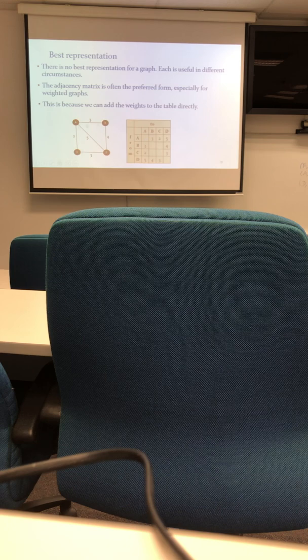So in this case, there's an edge from A to B, right? The weight is 3. So this entry will be filled up by 3, and the rest accordingly. So if you want to represent a weighted graph, the adjacency matrix usually is the best choice. Other than that, it depends on the problem.